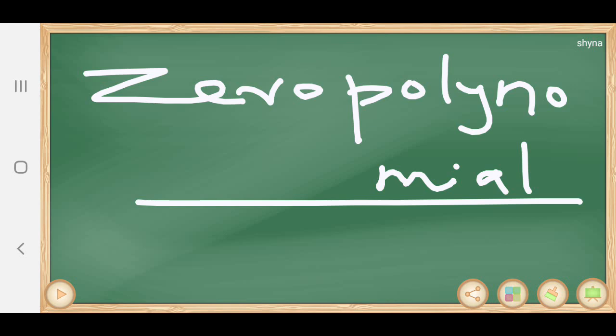Write: the constant 0 is called 0 polynomial.